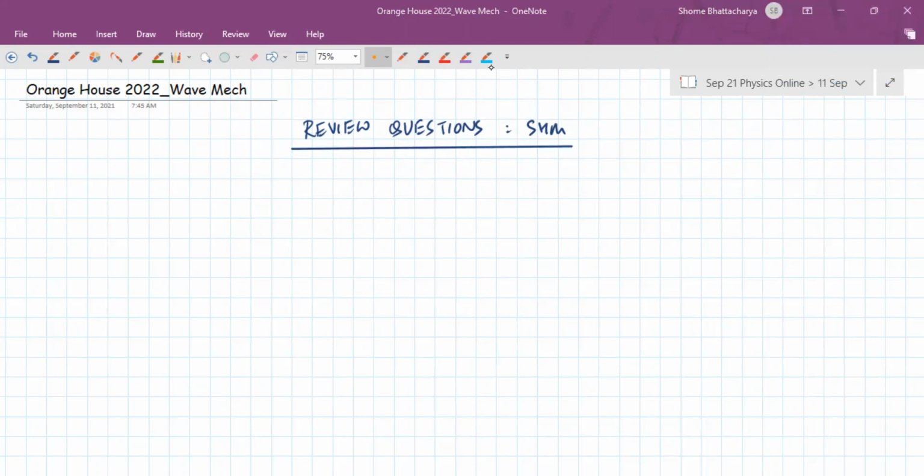So we had discussed compound or physical pendulum last time. So let's start with a couple of examples based on that.